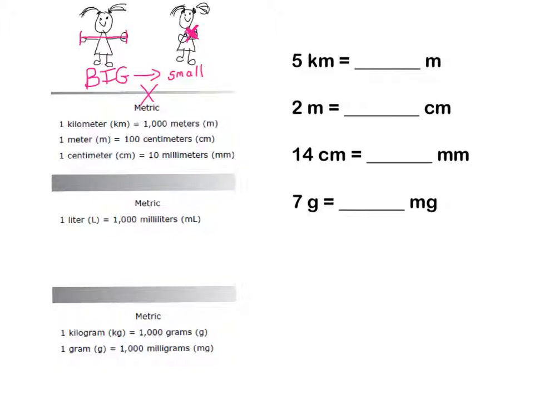So you'll take your 5 and you're simply going to multiply it by 1,000, because it takes 1,000 meters to equal 1 kilometer. Therefore, if you have 5 kilometers, then that will equal 5,000.